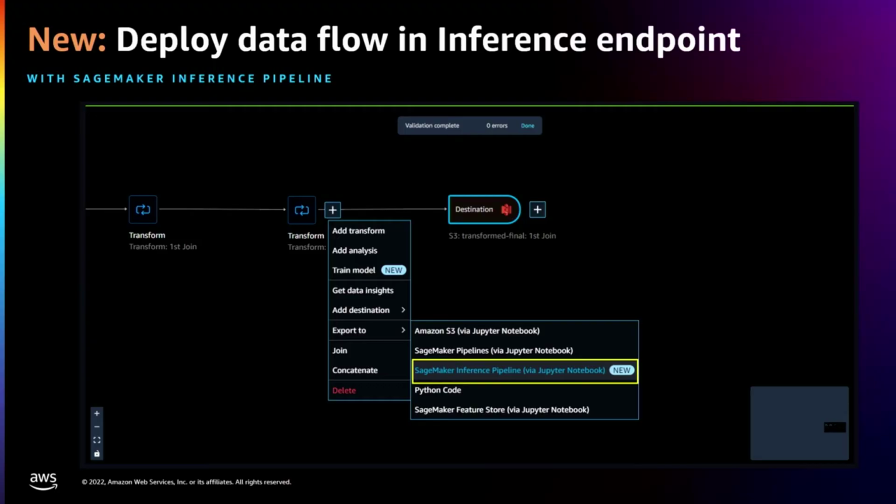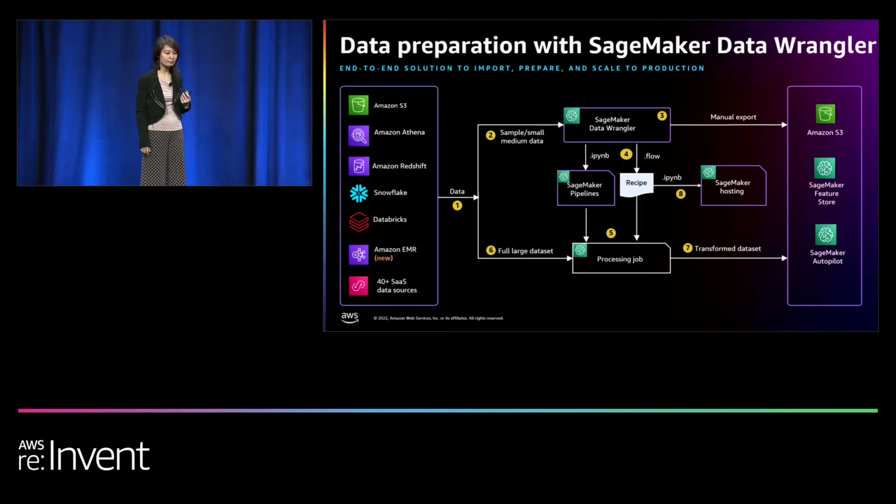Similarly, it will also generate a Jupyter notebook with the code that you need to deploy the data flow directly into an inference endpoint. And you can bring your own model in this process, or you can use the AutoPilot inference endpoint or a built-in SageMaker algorithm endpoint. And I will show you all of this in the next few minutes.